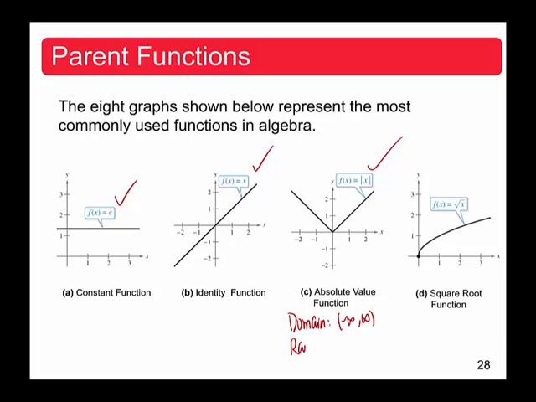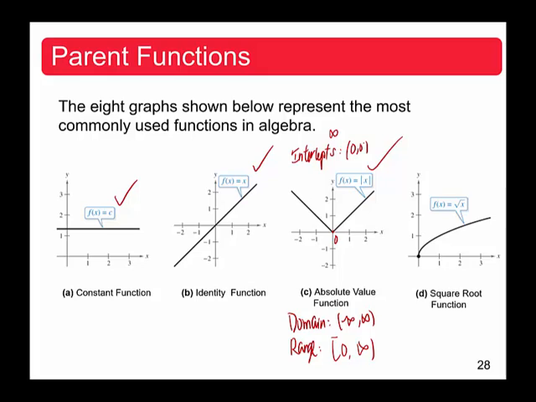The range is from 0 into infinity, including 0. It's 0 all the way to infinity, all the way to the top. 0 origin. It also has both intercepts, both x and y intercepts at the origin.